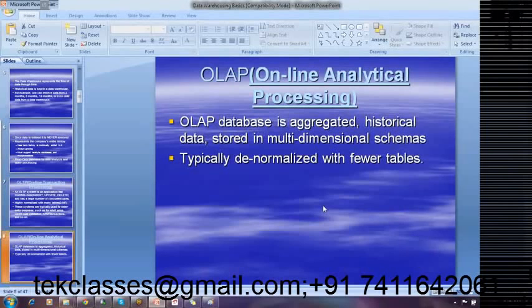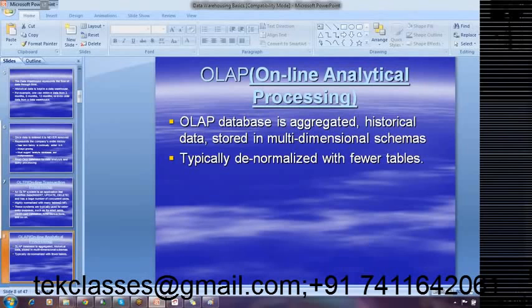In OLAP applications, the data is aggregated and the historical data is stored in multi-dimensional schemas. It is denormalized with a few number of tables. What is the difference between OLTP and OLAP? In OLTP, you'll have more tables. In OLAP, you'll have fewer tables because the data is in a denormalized structure.